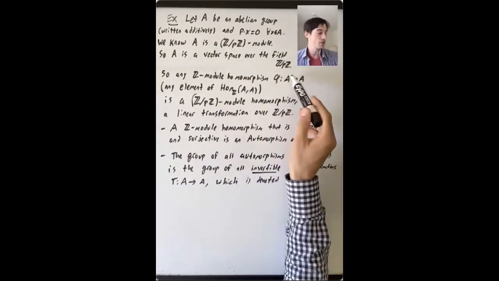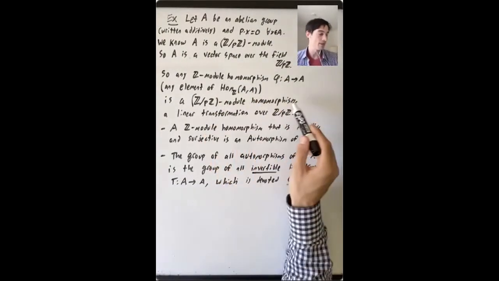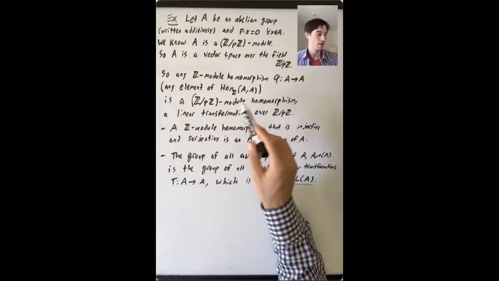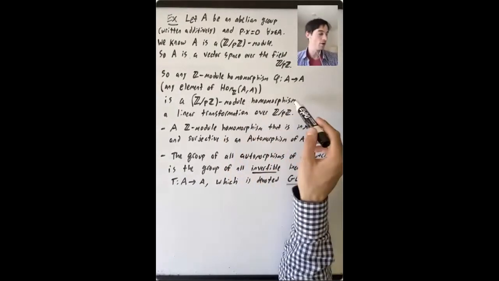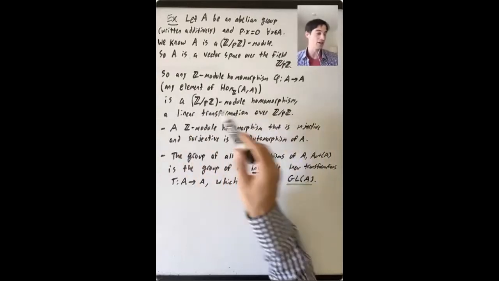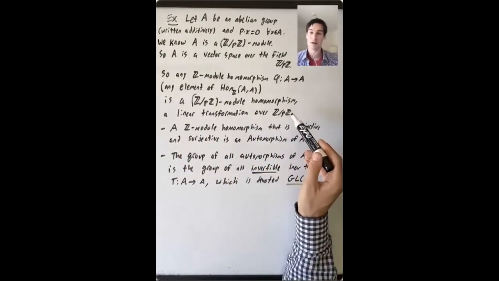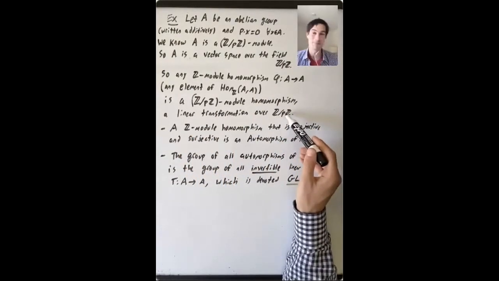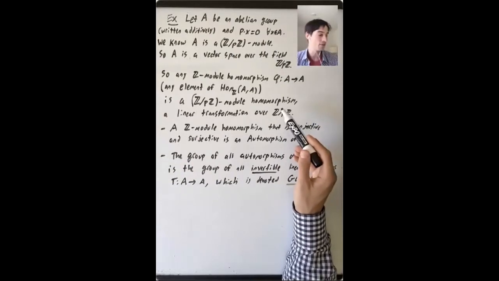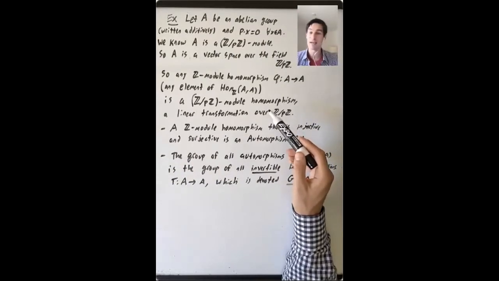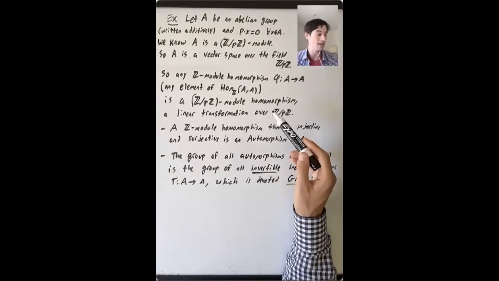But this Z module homomorphism is a Z mod PZ module homomorphism. A Z mod PZ module homomorphism is a linear transformation defined over this Z mod PZ. So it's a linear transformation from this vector space A over Z mod PZ to itself.